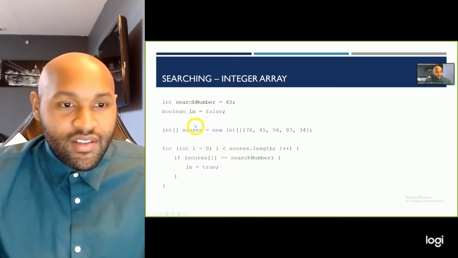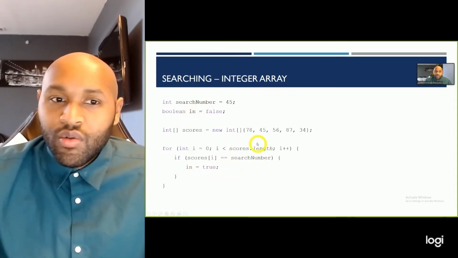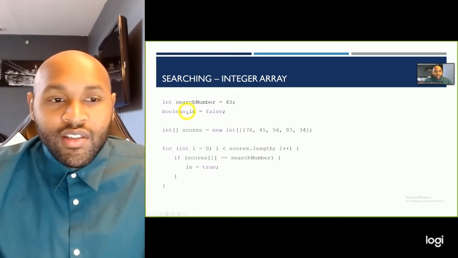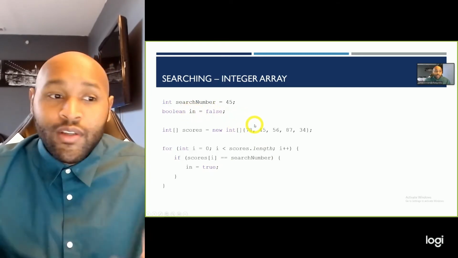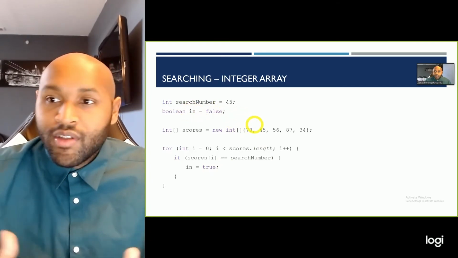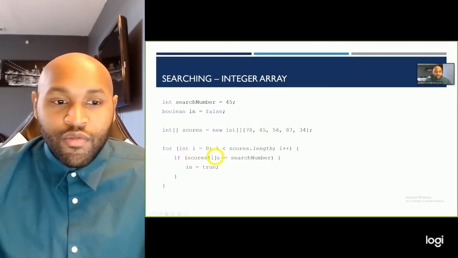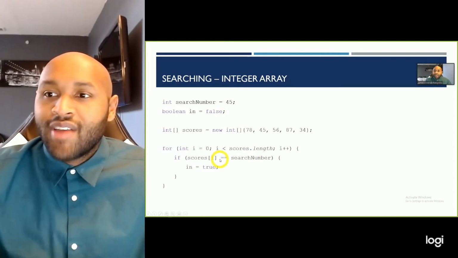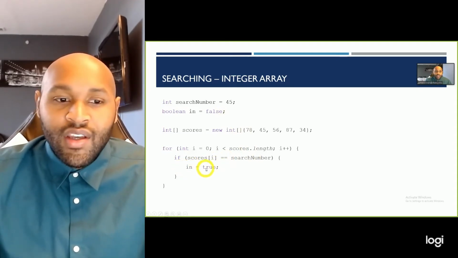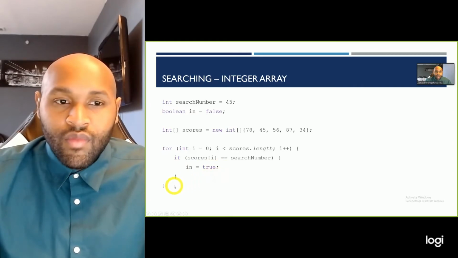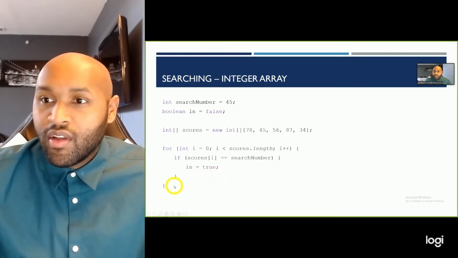If it does, n would equal true. So we initially set n equal to false because before we search the array, we don't know if this number is in there or not. So we don't want to assume that it's in there. But once we find it equal to our search number, we know that number is inside of our array. So now we set n equal to true, and we can print out n to see if it's in there or not.